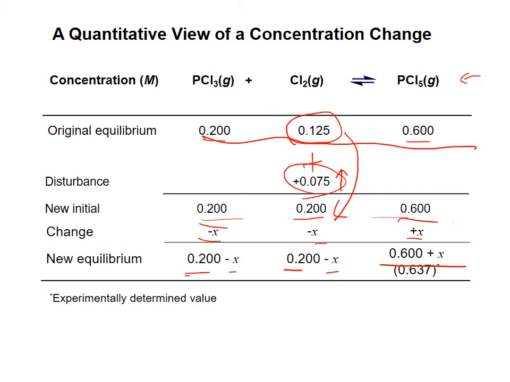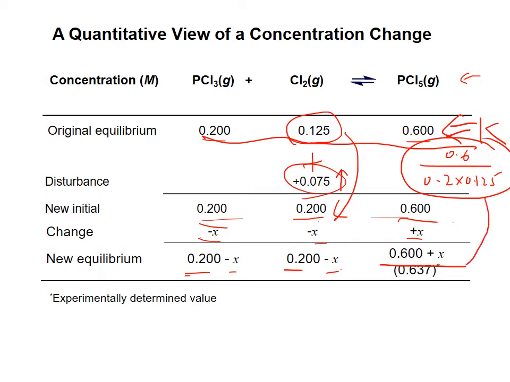So how do you solve X? If you know the equilibrium constant, then you can solve X. Because we know this is an equilibrium mixture, from this you can calculate K. K is 0.6 divided by 0.2 times 0.125. That's the equilibrium constant.